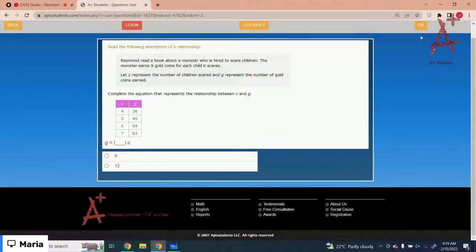Got it? So 4 times what number is 36? 5 times what number is 45? And 6 times what number is 54?